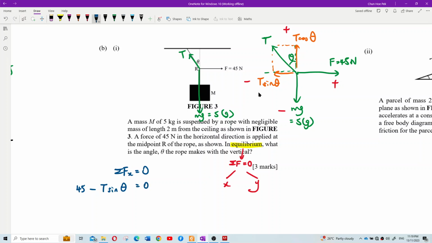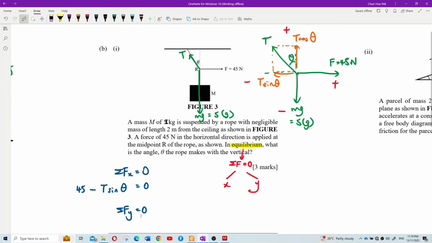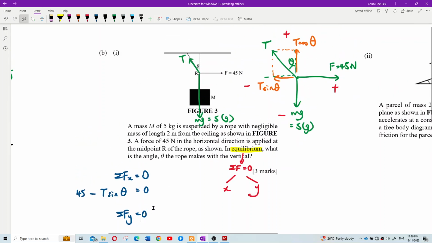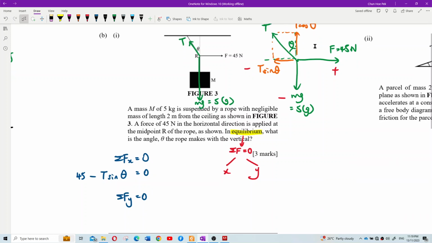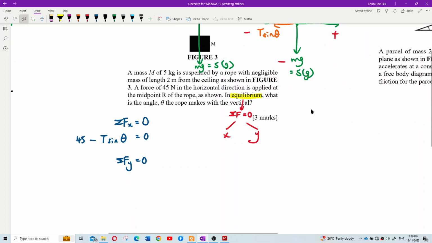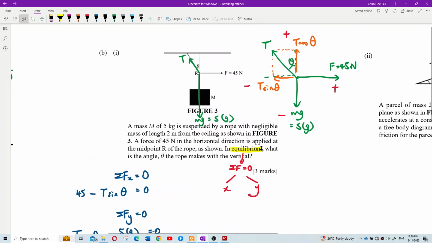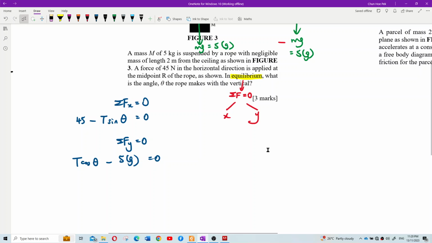The total Fy component at equilibrium is equal to 0: T cos theta minus mg, which is 5g, equals 0. Then we get theta.